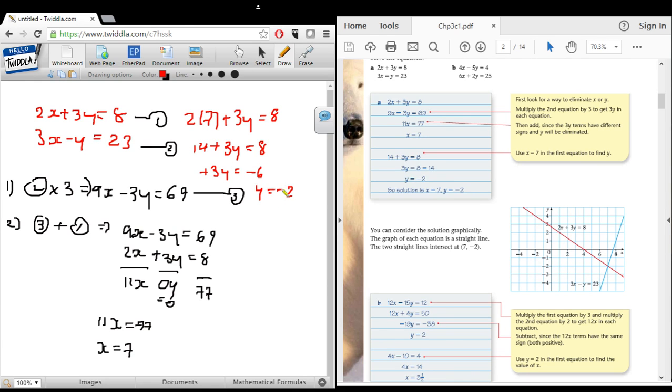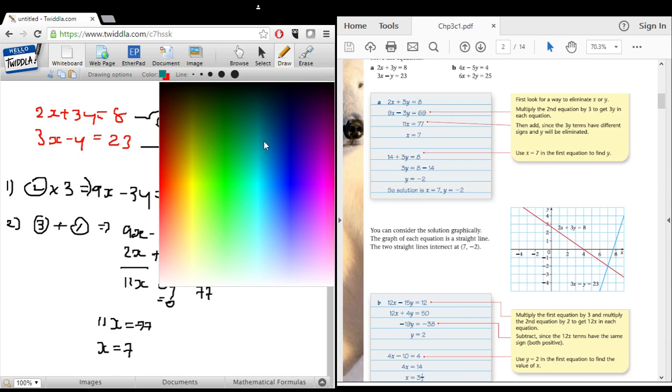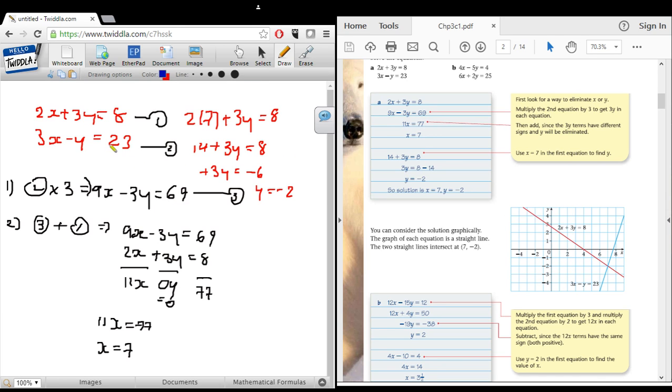To double check that this is correct, how about we put it into the other equation? Let's choose a different color, let's choose blue. So for example, we have 3x minus y, with y equals minus 2, equals 23. Now this is going to be plus 2 because of the two negatives.